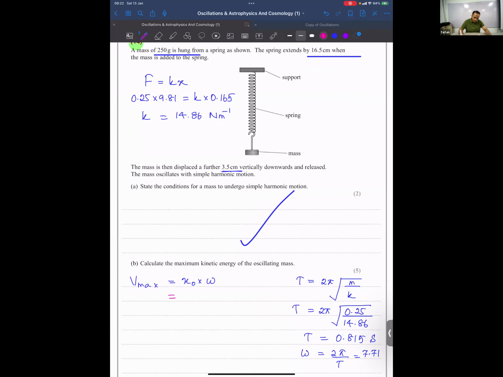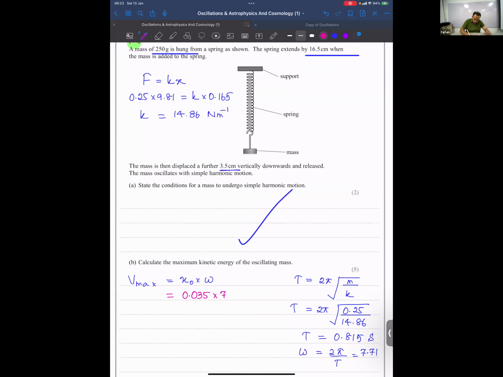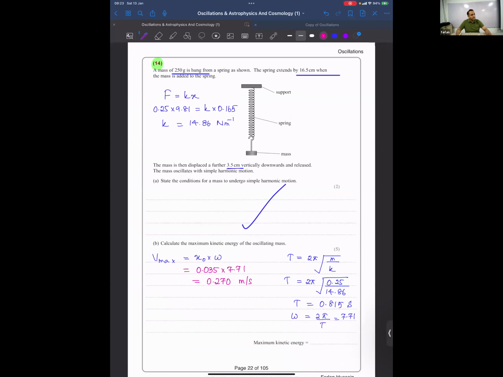X naught is 3.5 centimeters, which is 0.035 in meters, into omega, 7.71. That is going to be 0.269. I'll take 0.270. This is the maximum speed that the mass and the spring will be oscillating at.